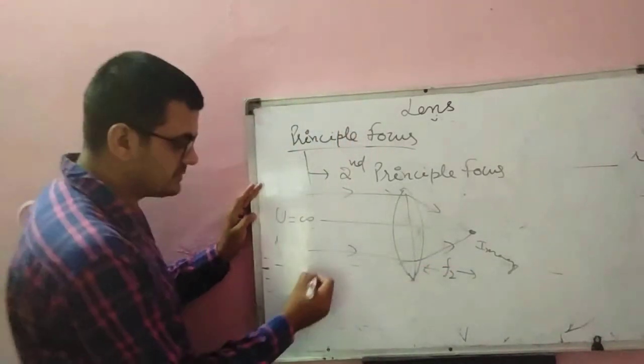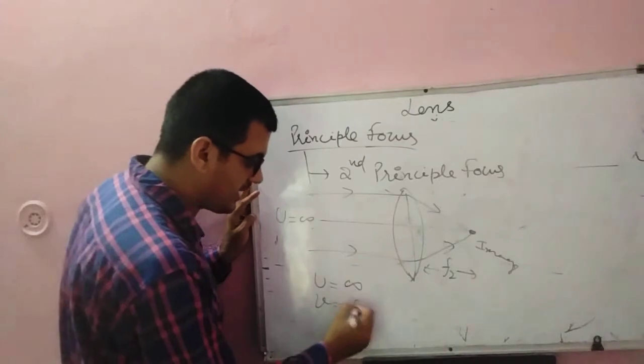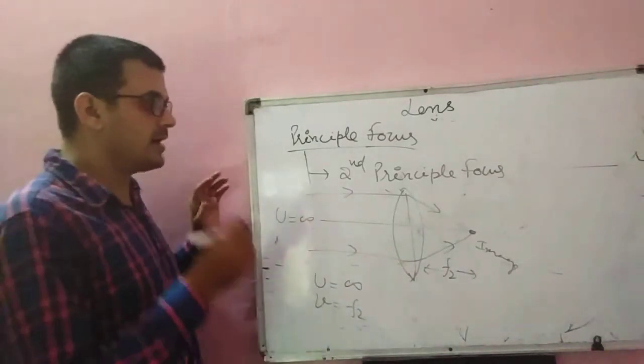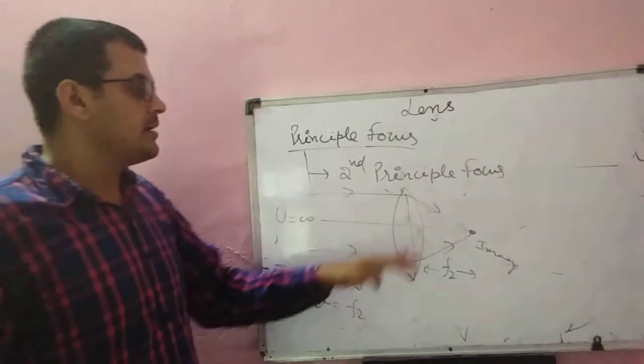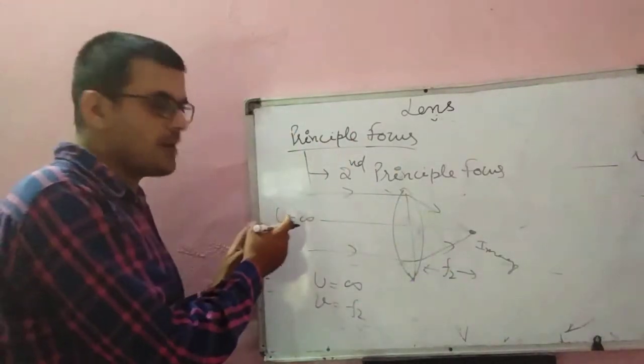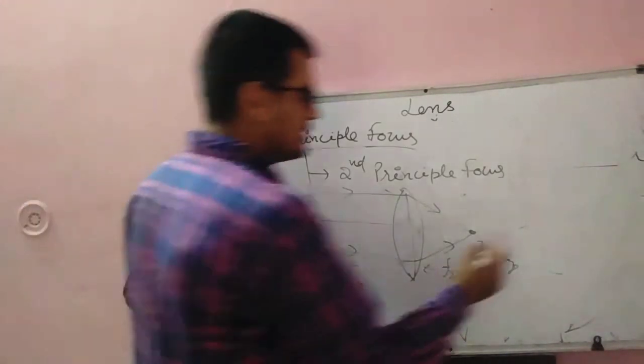In this, the object is at infinity and the image will be at F2. Again I am telling, the position of image for which we have placed the object at infinity, that is called second principal focus.